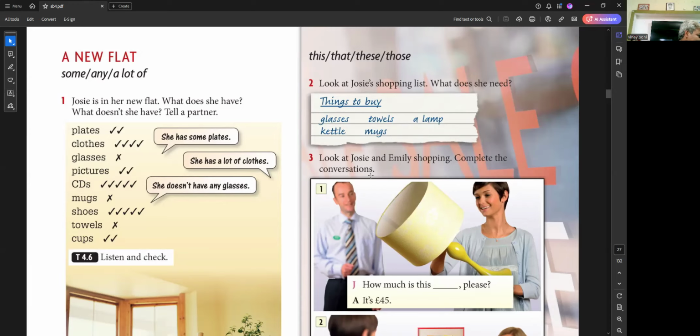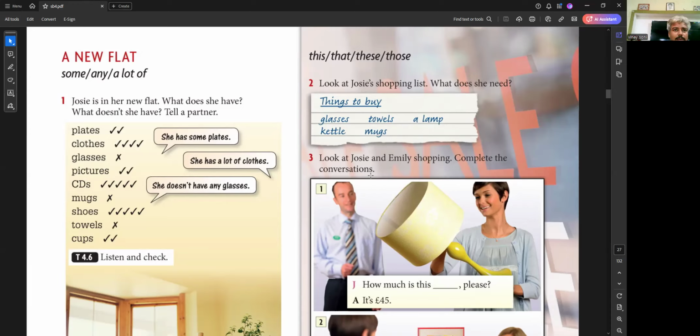They plug it in and the water heats up. And then you can add sugar and all those things. So that is called a kettle. Electric kettle. I'm sure you have it in your house. You heat up water in it. Okay, I'll show you. I have one, okay? Tomorrow I'll show you. And she also needs to buy some mugs.